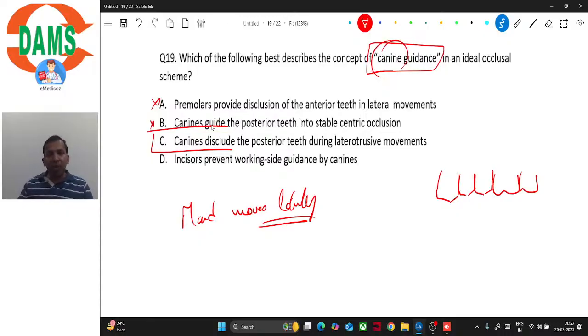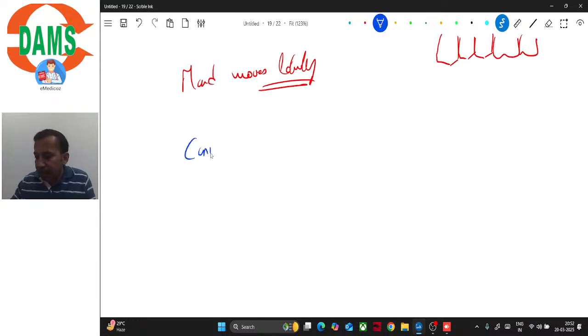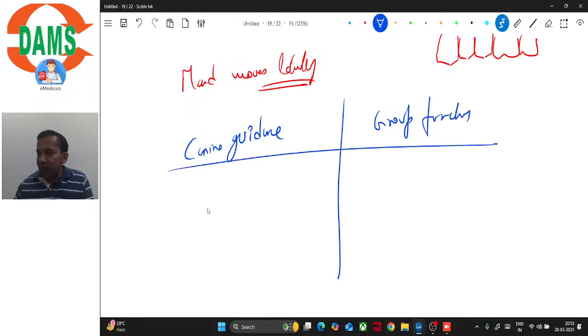But in group function, all the teeth right from canine to the molars are in contact, right? So there is canine guidance and then there is group function, isn't it? So what is the difference between canine guidance and group function? In case of canine guidance, only the canines are in contact.